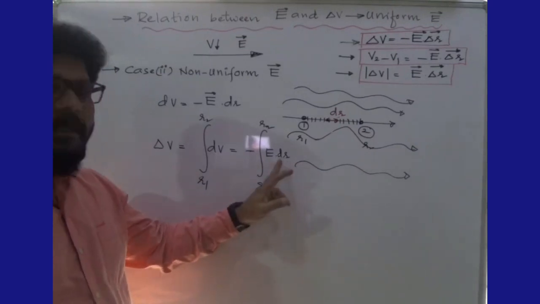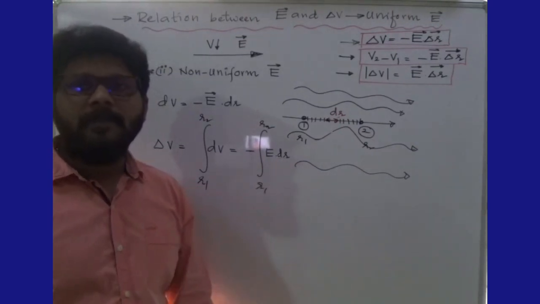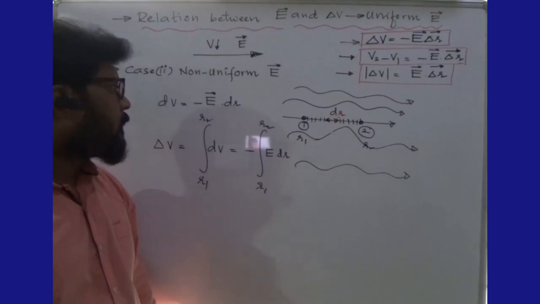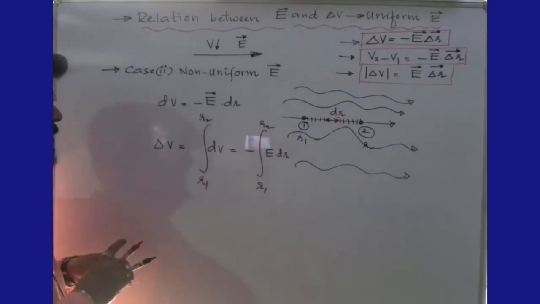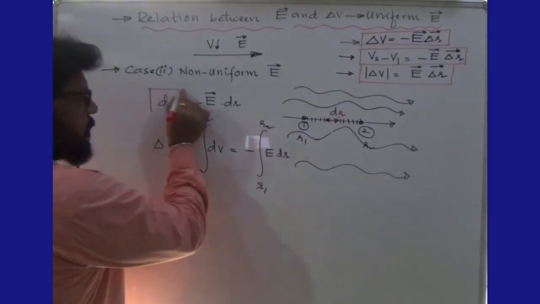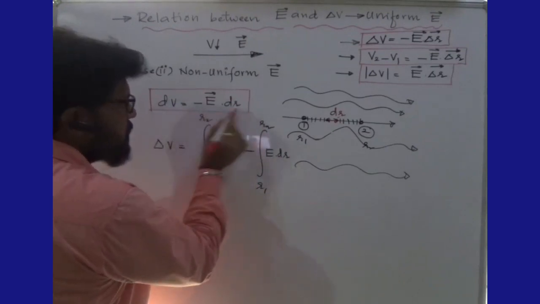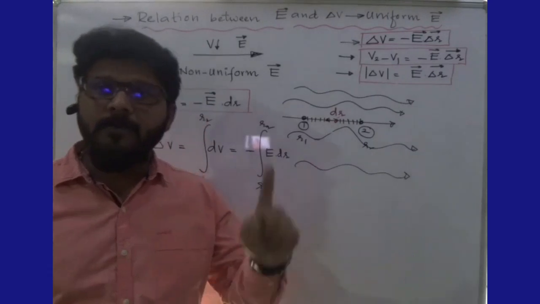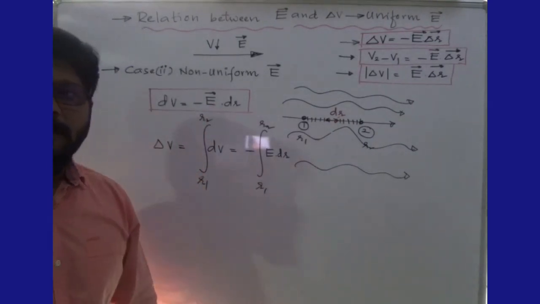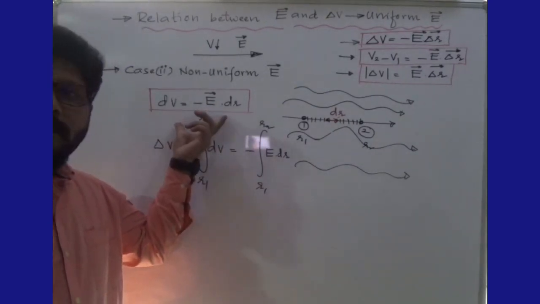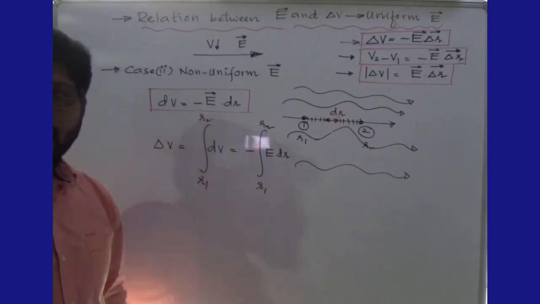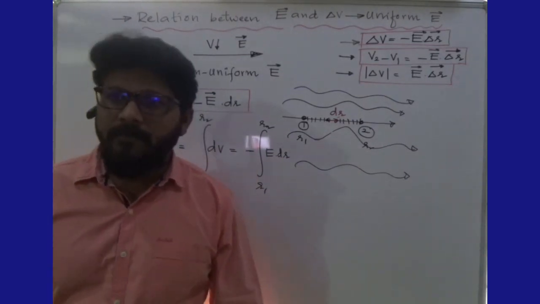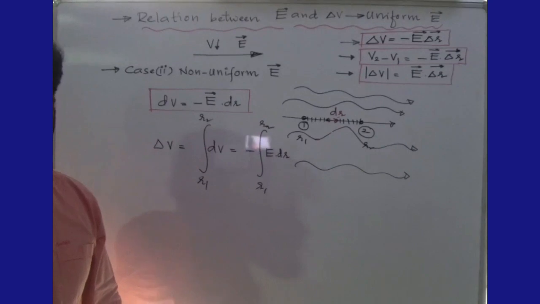Okay, this dr is nothing but the position vector at that particular point. And this is applicable for even uniform and non-uniform fields, because this is a small part, right? If you take a uniform or non-uniform electric field, this is always applicable in this scenario, right? Hope this is clear to all of you.